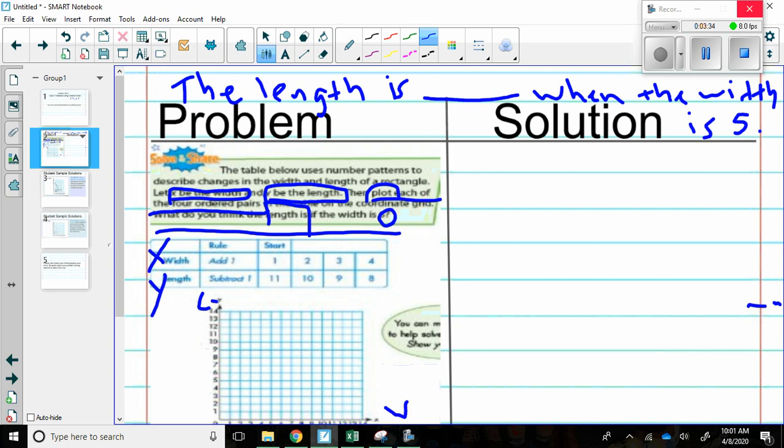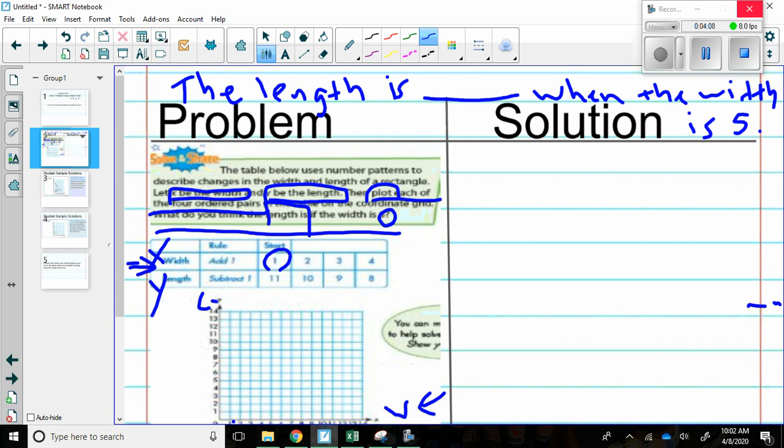So next, we need to evaluate and visualize. When I do this, it's asking me to plot each point. So when I'm doing my graph, I first want to start with the x coordinate, which would be here. When I'm doing x, I want to go over. So I'm starting with 1.